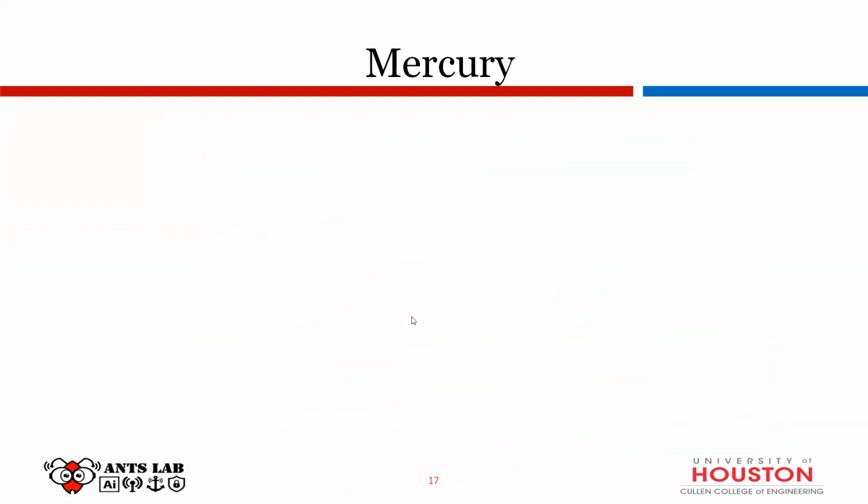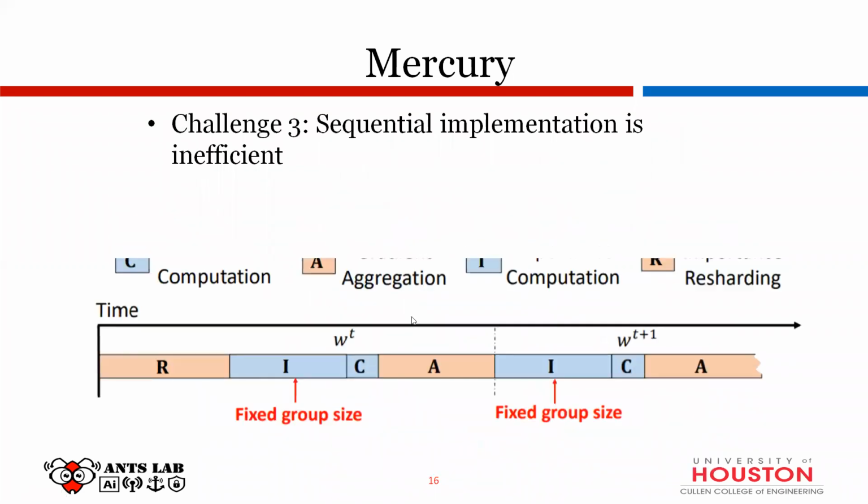Could you go to the previous slide? Yeah, this one. My understanding is you do the resharding first, you do importance computation afterwards. After that, you do gradient computation, right? So you pick up the important data, then you do the gradient computation. And after gradient computation, you have new updates of gradients.